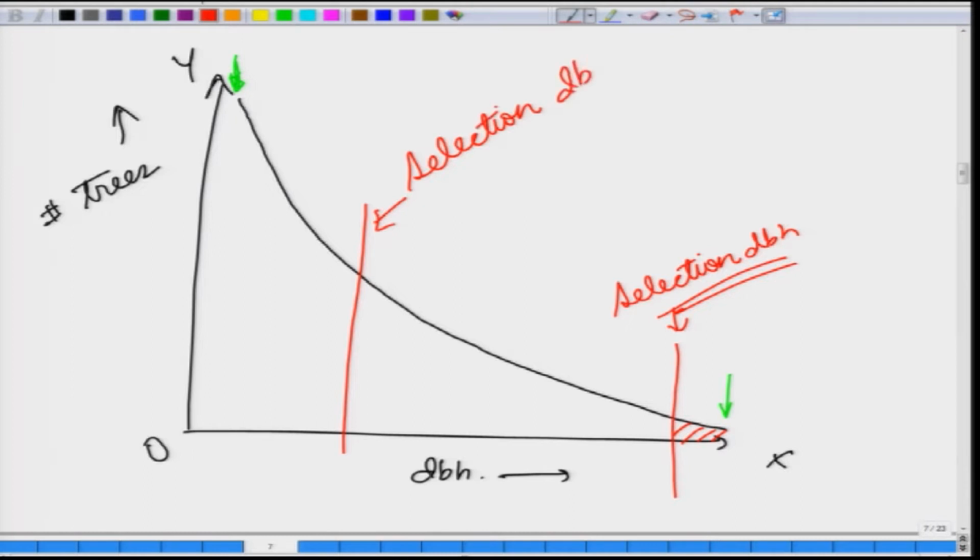So, you took this as the selection DBH. What will happen then? In this case, you are not allowing enough number of mature trees, enough number of years to produce the seeds to regenerate the next generation. So, in this case, your forest will typically die off in a short period of time.